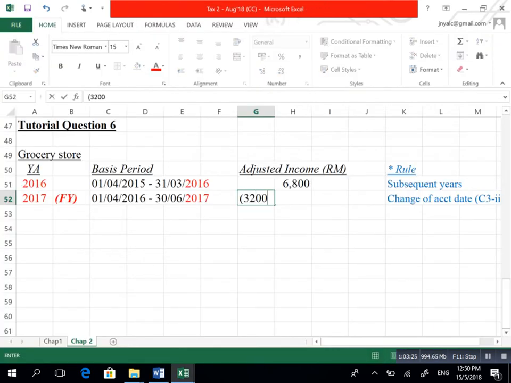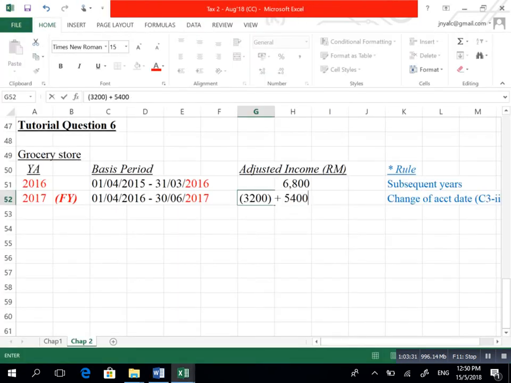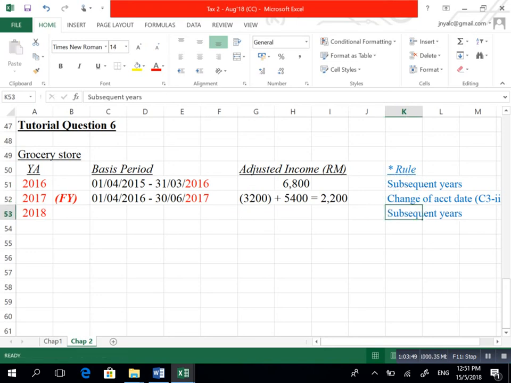Yes, subsequent year. Start from 1st July 2017, we close until 30th of June 2018. Adjusted income, no changes, 7,200.